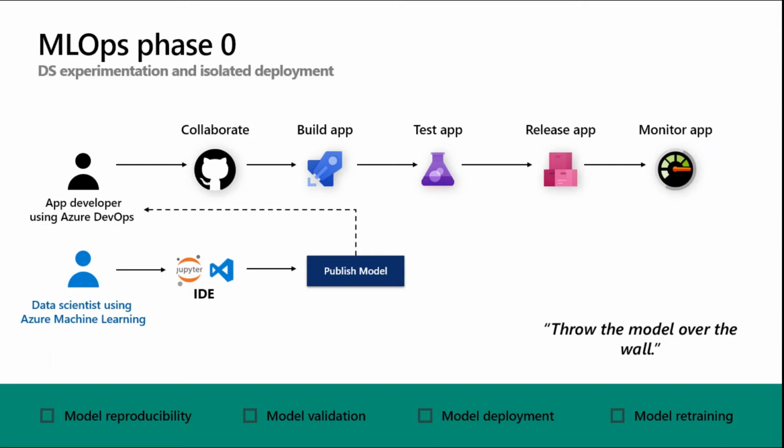So we usually have the data scientist who has got the data and started experimenting and developing the model. Once the data scientist is happy, he or she kind of throws the model over the wall to the app dev who kicks off the build and its deployment process.